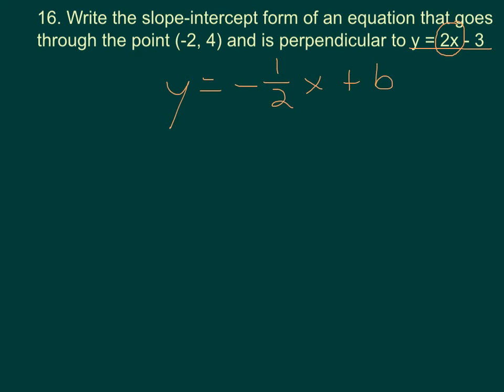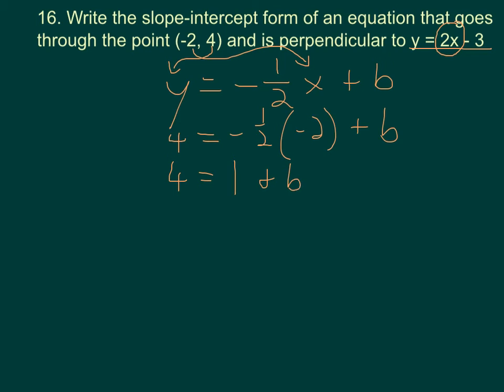So we know our line must be y equals negative 1/2 x plus b. We plug in the values x and y from the point. We get 4 equals negative 1/2 times negative 2 plus b. A negative times a negative is a positive, and 2 over 2 is 1, so I just get positive 1 plus b.